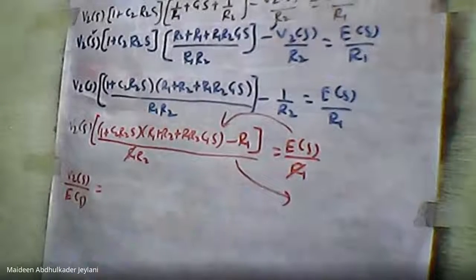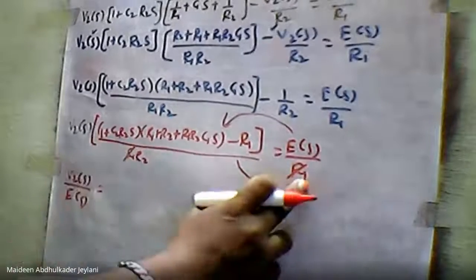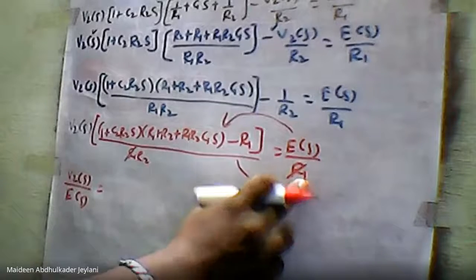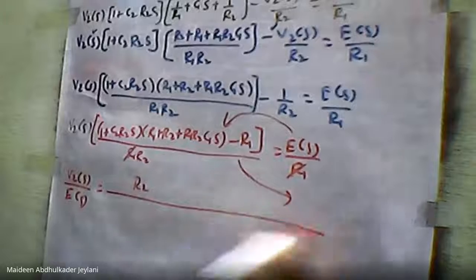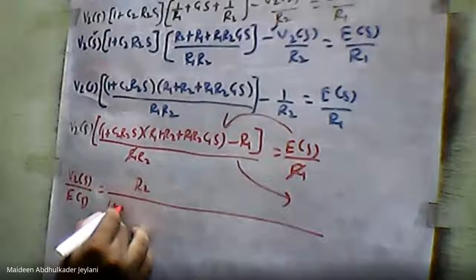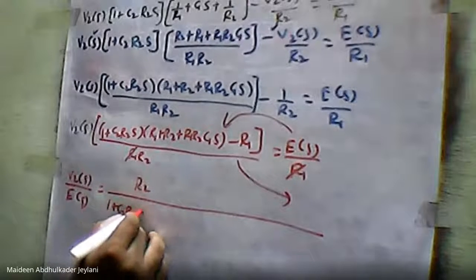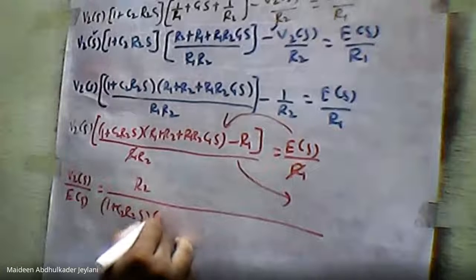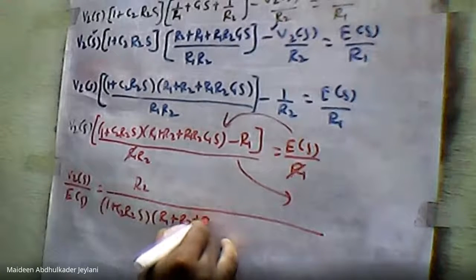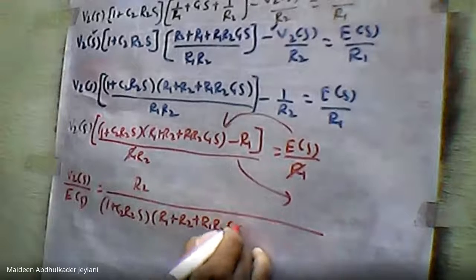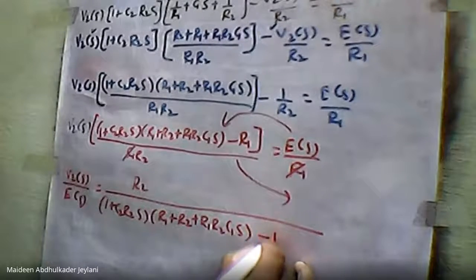This R1 and this R1 will get cancelled. So the remaining term is R2 divided by 1 plus C2 R2 into S and R1 plus R2 plus R1 R2 into C1 into S minus R1.